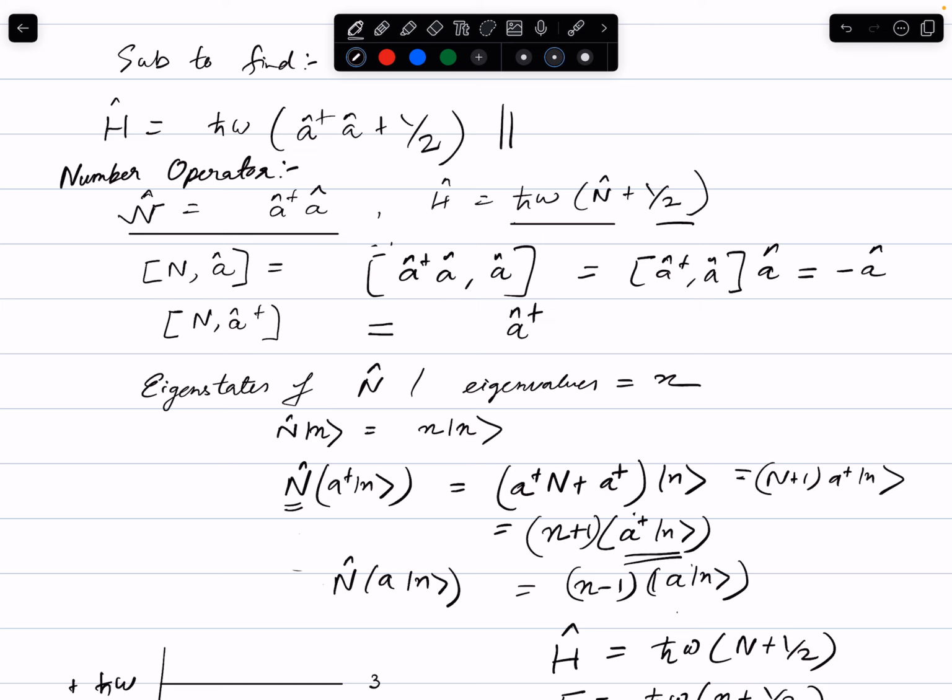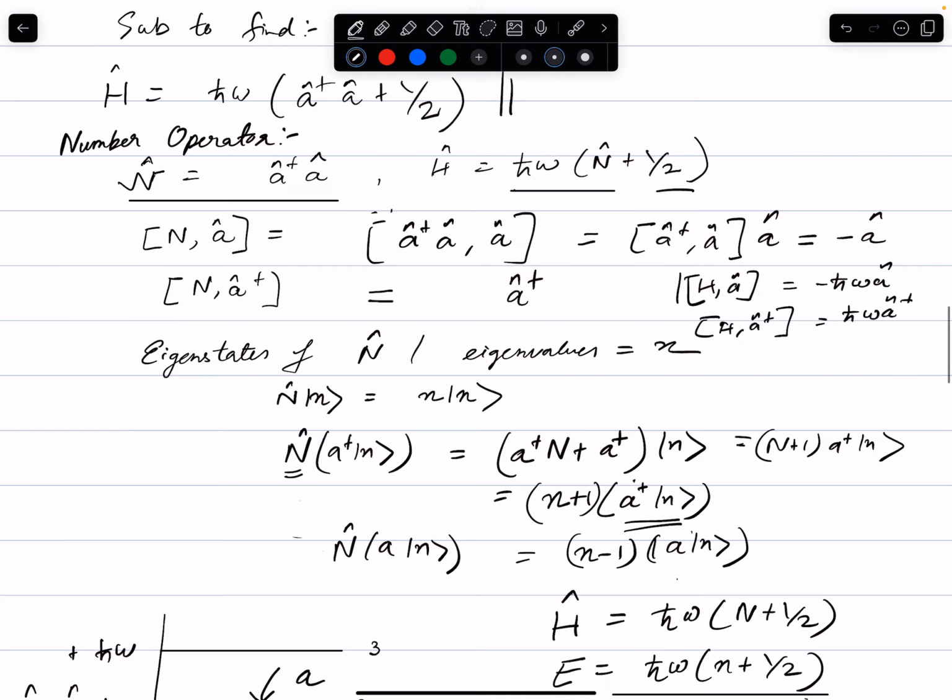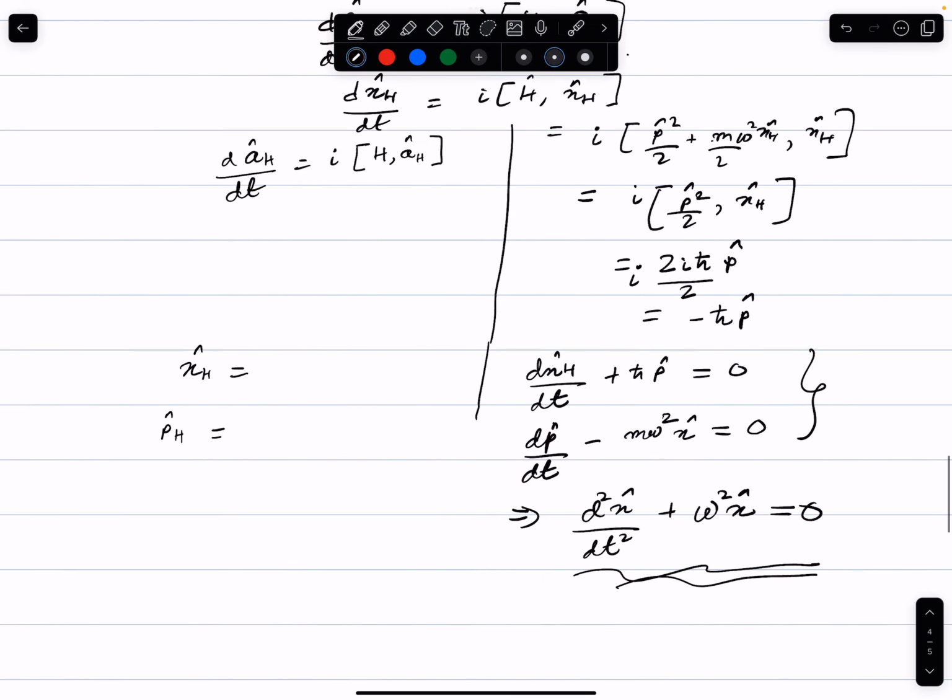So this is n, if n a is minus a, then h a is nothing but h omega multiplied by this. So this h omega gets multiplied, and so this is minus h omega a, and h a dagger is h omega a dagger. Just multiplying h omega with the commutation relations with n, because that's the only factor that is there.